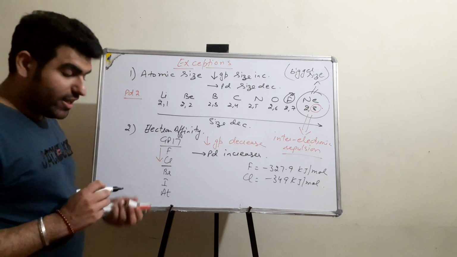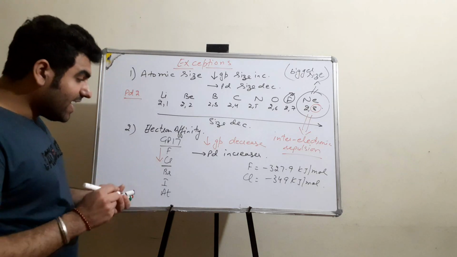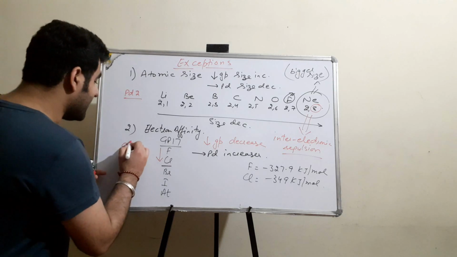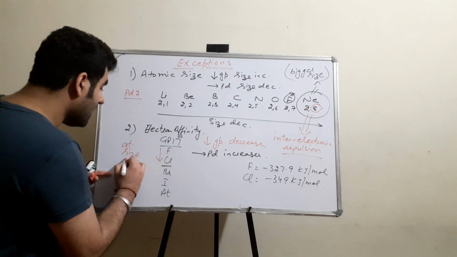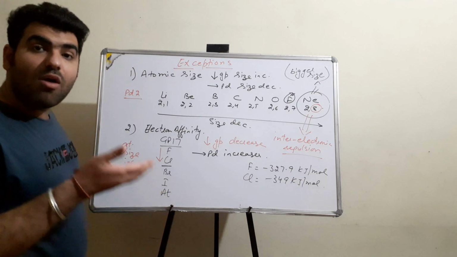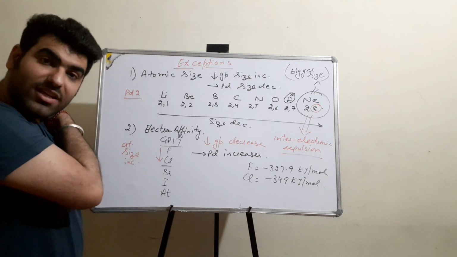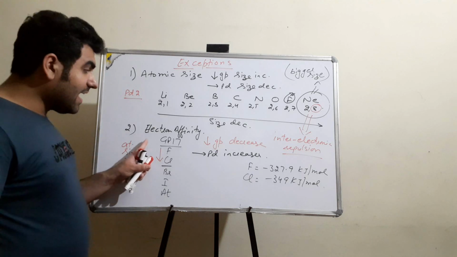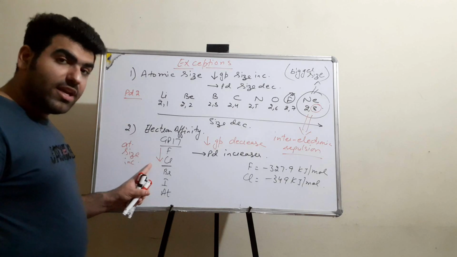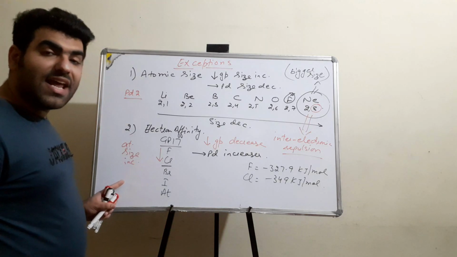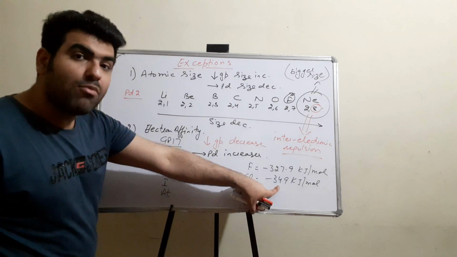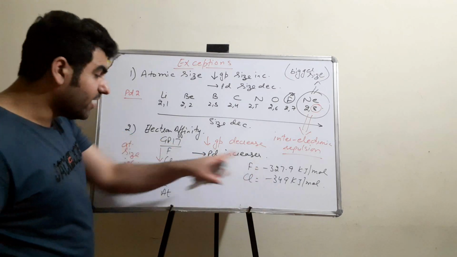Why does this happen? We know that when we are moving down the group, the size increases. If the atomic size increases, the space to accommodate that electron increases. Electron affinity is basically the tendency to gain an electron. Out of fluorine and chlorine, chlorine accepts the electron more easily, as it has more energy released compared to fluorine.